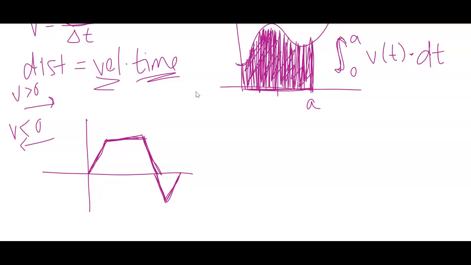Well, if I want to figure out where is the particle or where is the car or anything like that, then you're going to end up using this positive and this negative, because if I think about this maybe on a number line, the particle is moving to the right, moving to the right, moving to the right, same speed, same speed, same speed.